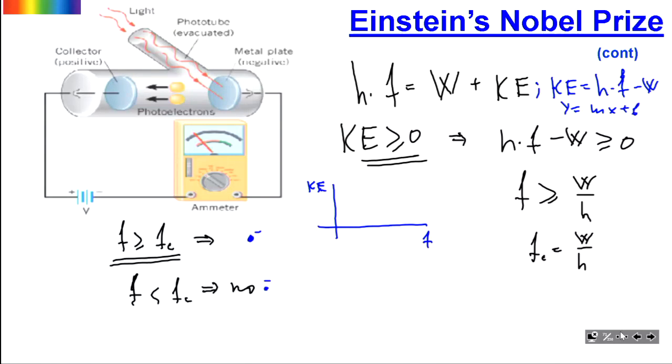M represents the slope, B represents the y-intercept. So the graph should look like this, a straight line. The slope tells us how to calculate Planck's constant. That's why this was so exciting at the time. But if we continue this line to look at the y-intercept, that gives us the work function, the binding energy of that material which is used in this experiment.